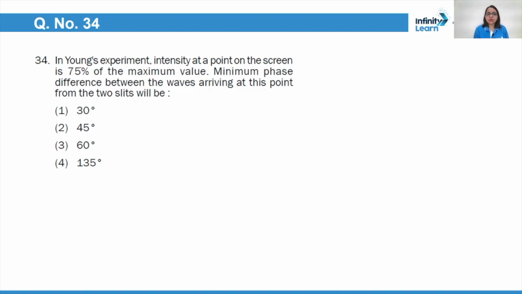Next is question number 34. In Young's double slit experiment, intensity at the point on the screen is 75% of the maximum value. So maximum value is I naught, and intensity is 75%, right? So this will be 3 by 4 of I naught, right? Minimum phase difference between the waves arriving at this point from the two slits will be, so I is equal to I naught into cos square phi by 2.